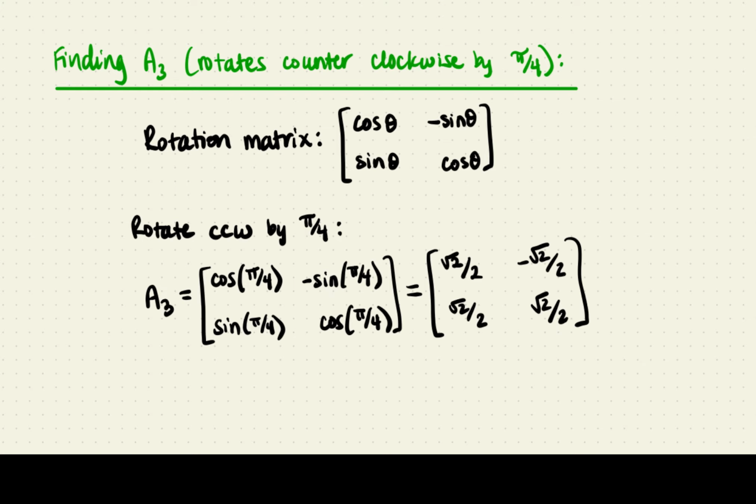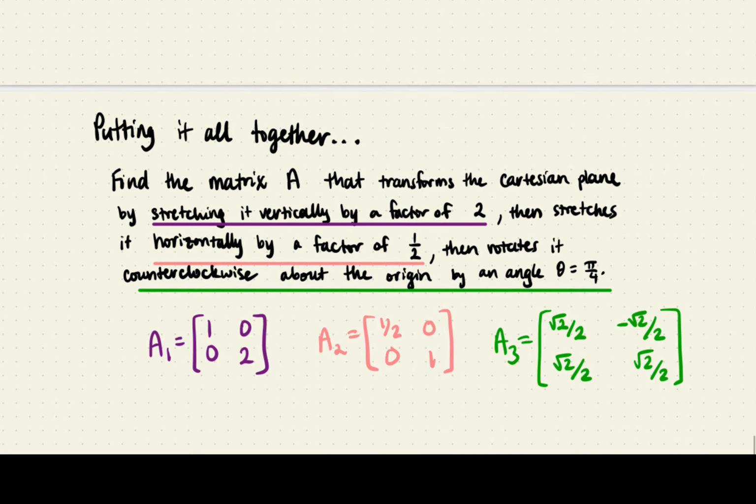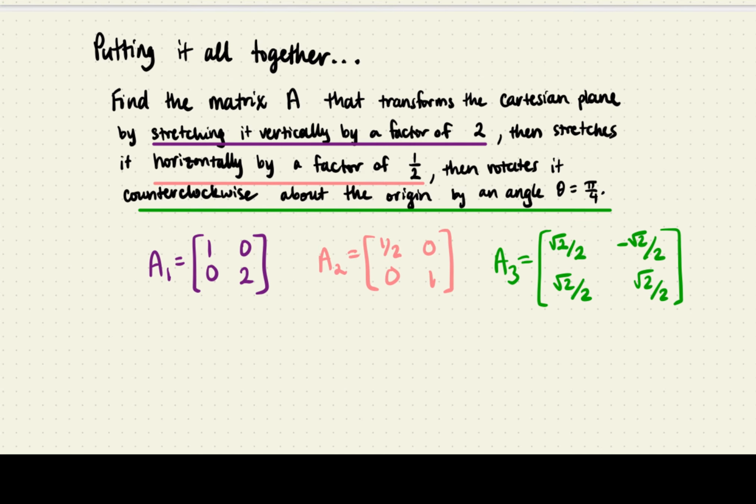So our last step is to put all of this together. Remember, at the beginning of this example, we wanted to find a matrix A that does all 3 of these operations in this order. So to find A, I'm going to multiply in that order that we talked about earlier.